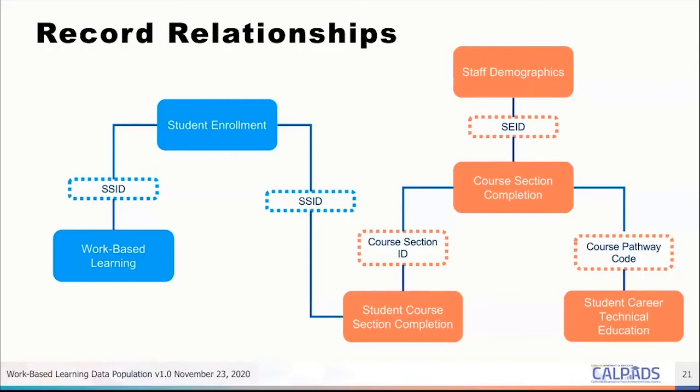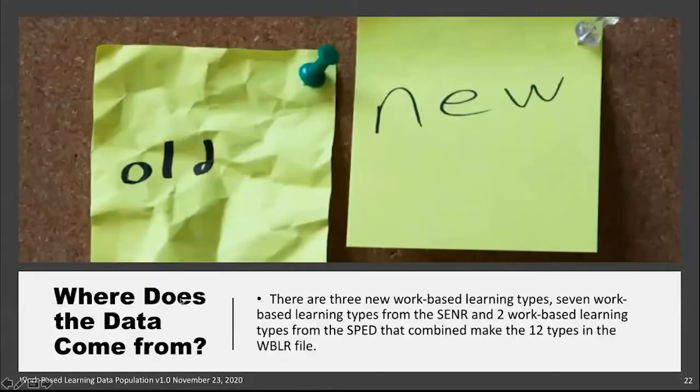But at this time, there are no specific validations that create a relationship between the two files. So at a minimum, you should have the student enrollment updated first in CalPADS and then upload the work-based learning file.